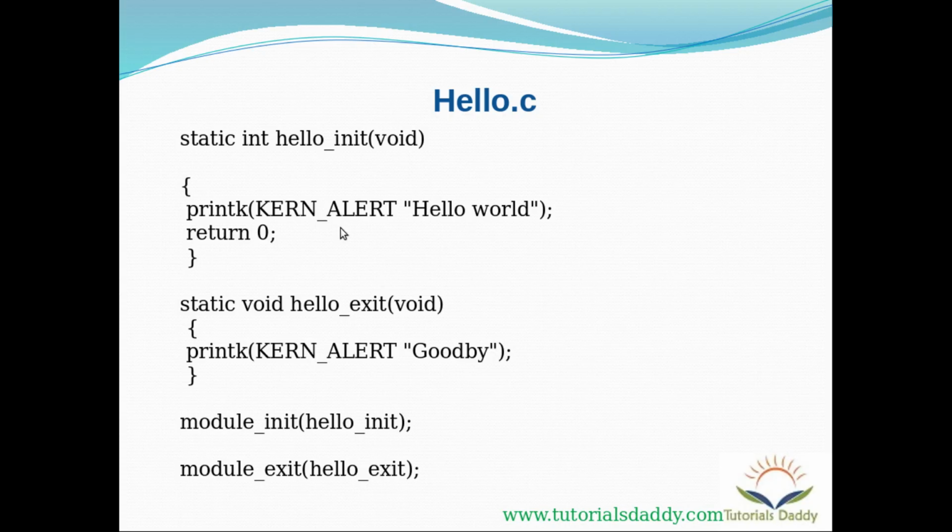We will discuss different levels of printk in the next session, and then we are returning 0. 0 means success. Then we have the hello exit function. In hello exit function, we are printing goodbye into the logs, which will notify that this driver is already unloaded.